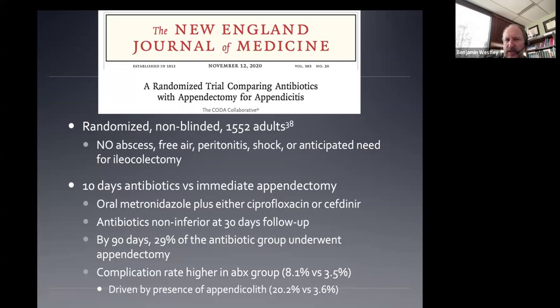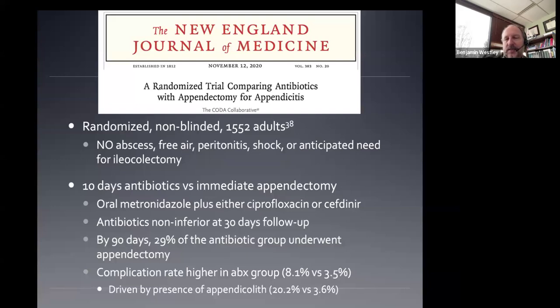Most of the antibiotics were metronidazole plus Cipro or ceftriaxone. The antibiotics group showed a non-inferior result at 30 days of follow-up. So 30 days later, both groups seemed to be doing okay. It was slightly shorter, and the hospitalization, I think, was longer than with surgery.